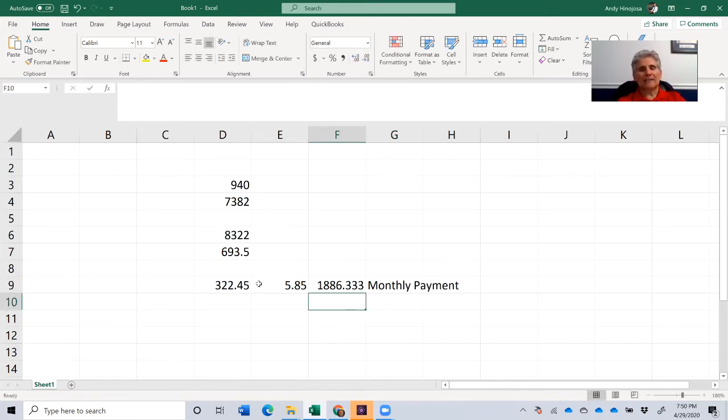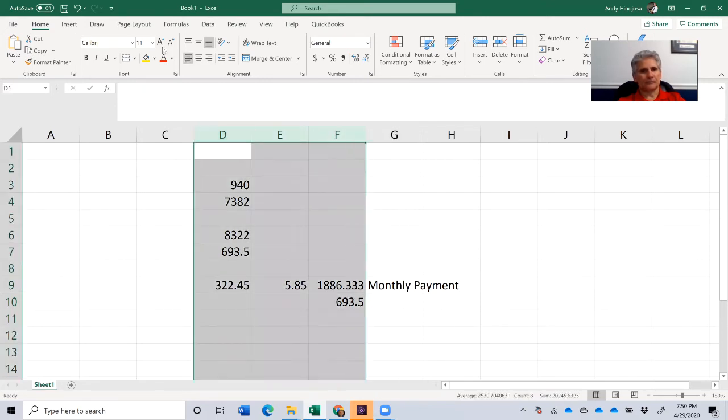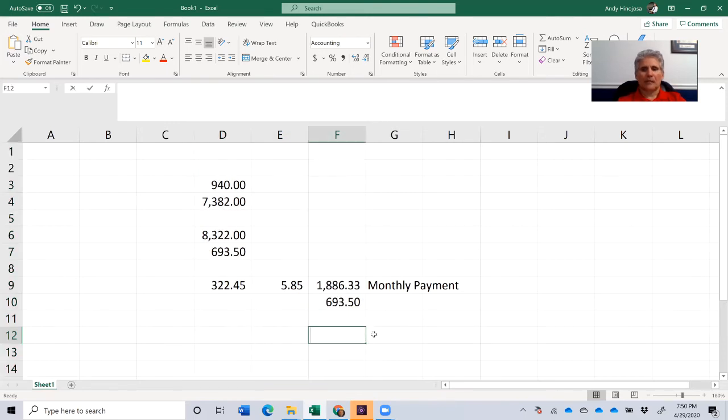And then we're going to add to that the monthly payment of $693.50. And when we add those two together, 1886.33 plus the 693.50, we come up with the total.